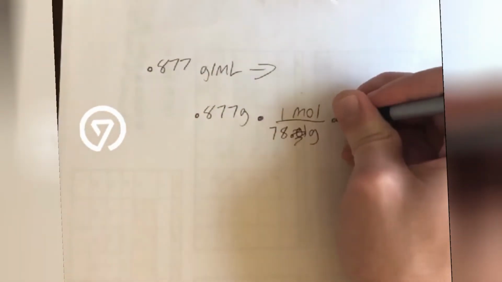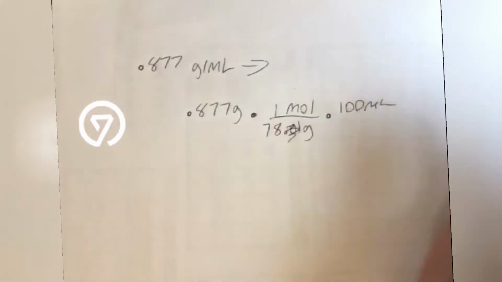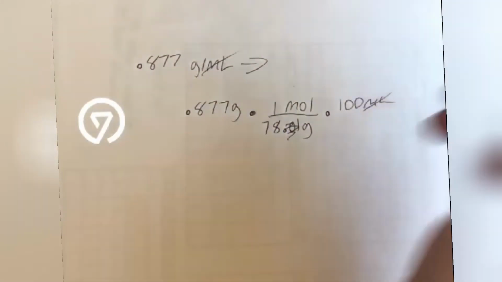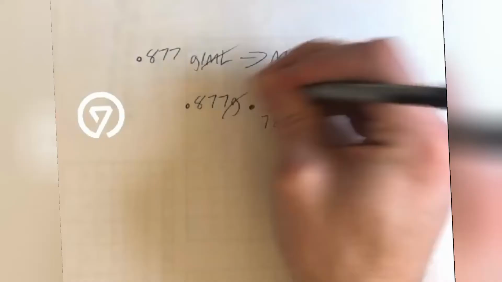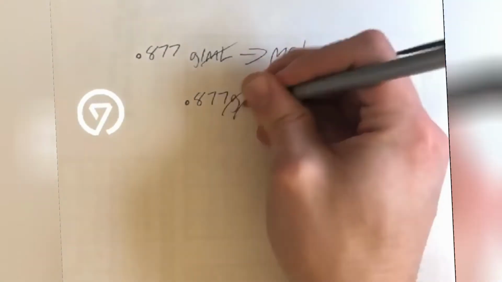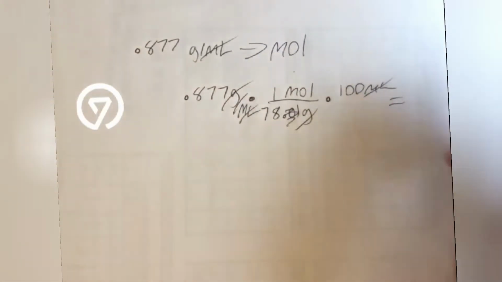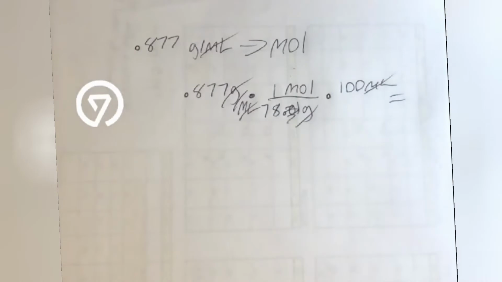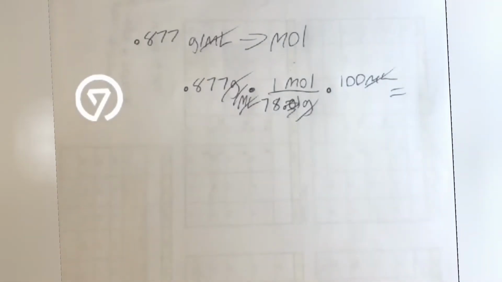Now we have moles, and now we need to divide out those milliliters, because we still have those there, and those milliliters will cancel out. We wanted moles, so we're going to end up with the only unit left being moles. Since that cancels out, let's do a quick calculation and see what that comes out to.